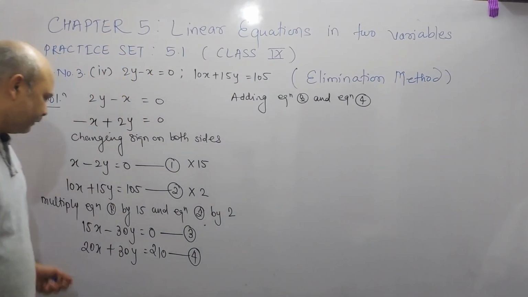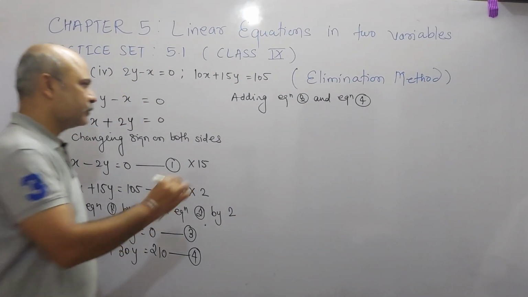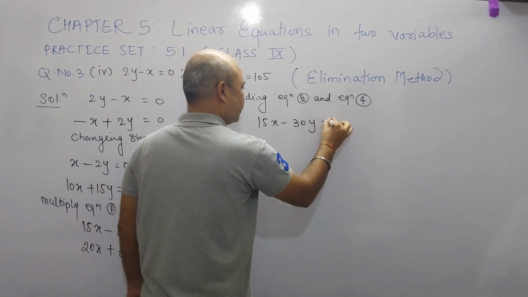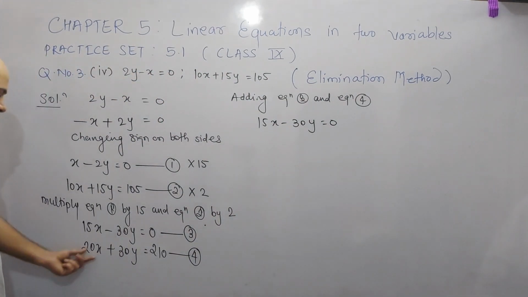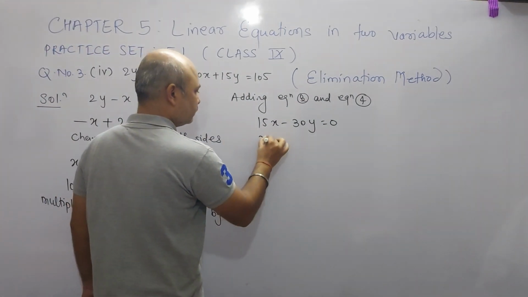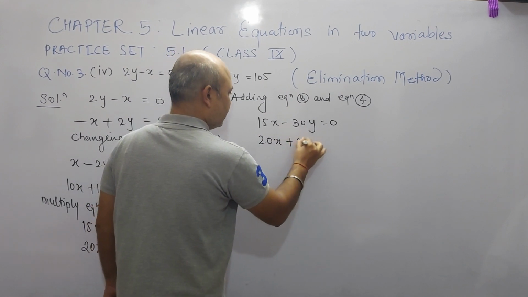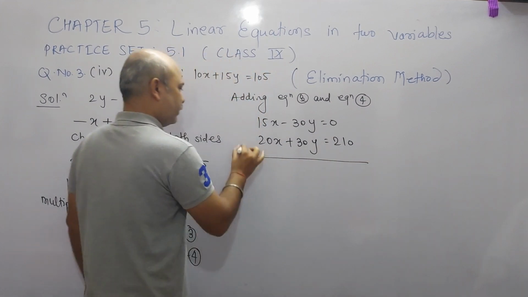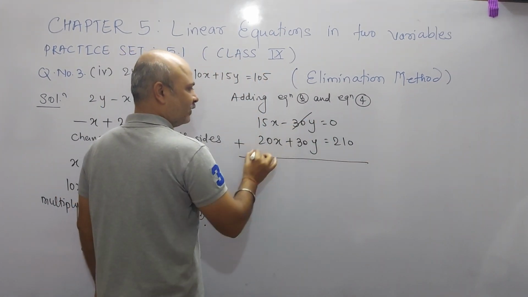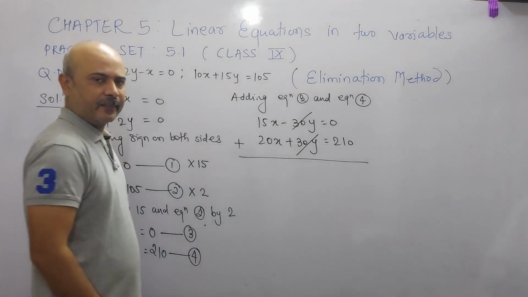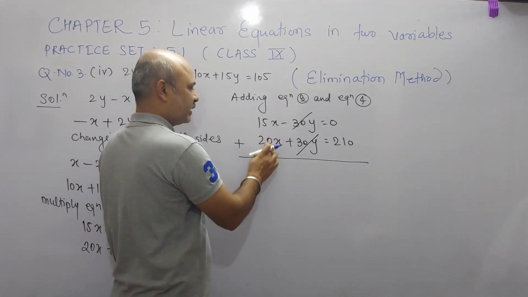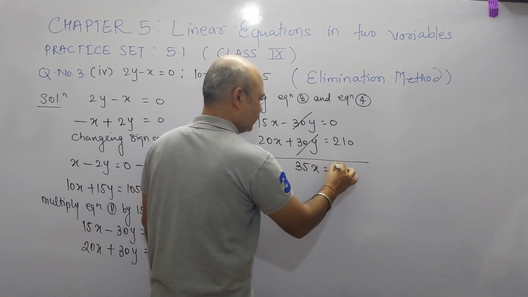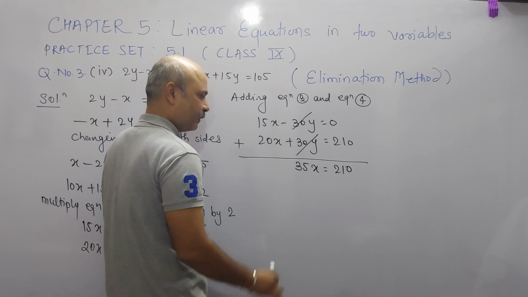What is equation 3? 15x minus 30y is equal to 0. What is equation 4? 20x plus 30y is equal to 210. So when you add this, minus 30y will cancel out with plus 30y. What will be the addition of 15x plus 20x? This will be 35x, and this is equal to 210.